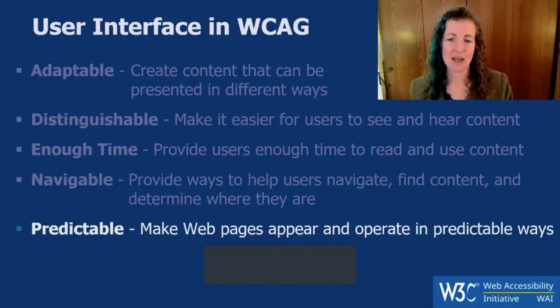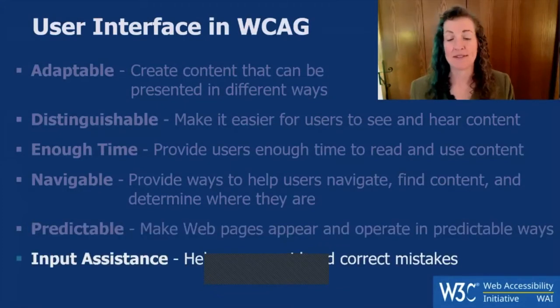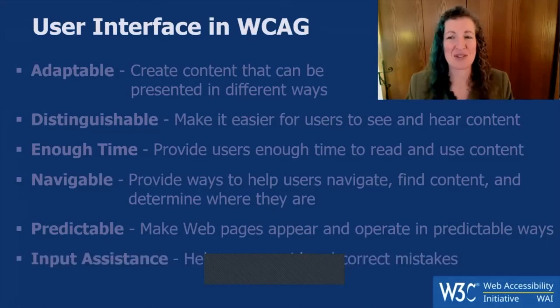Predictable, make web pages appear and operate in predictable ways. Input assistance, help users avoid and correct mistakes. And those are some of the user interface aspects covered in WCAG.